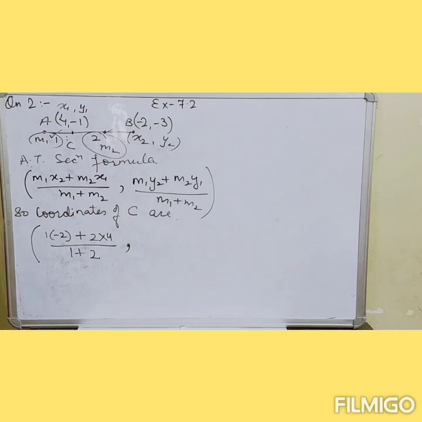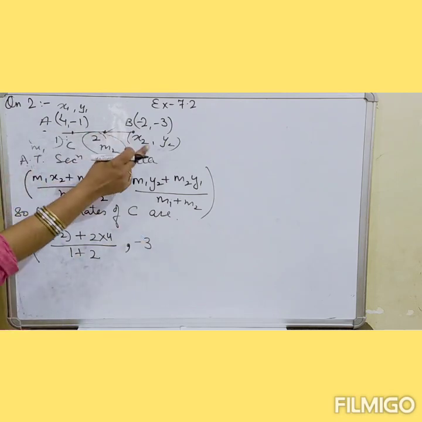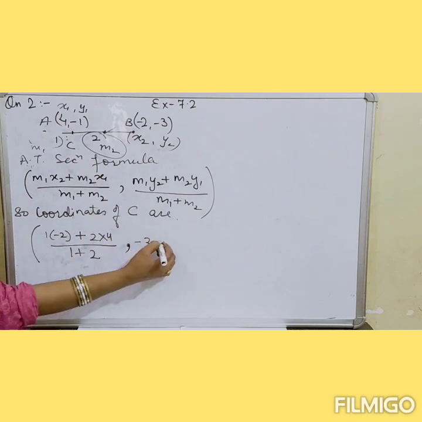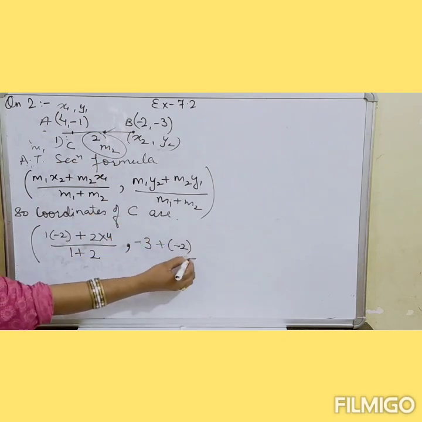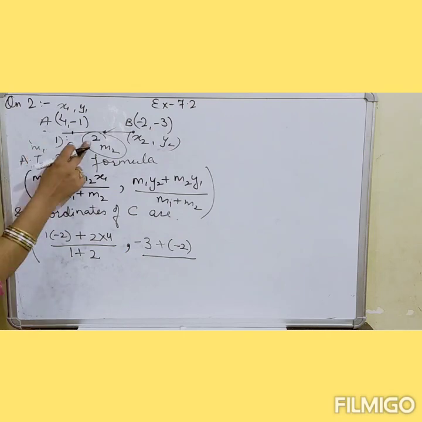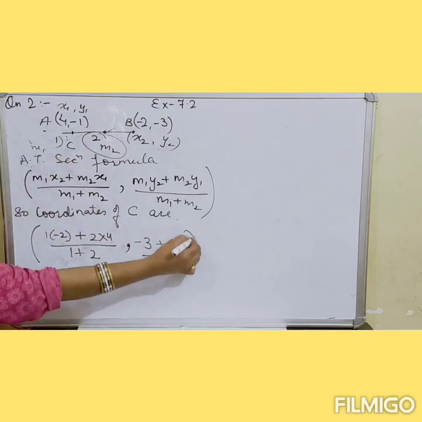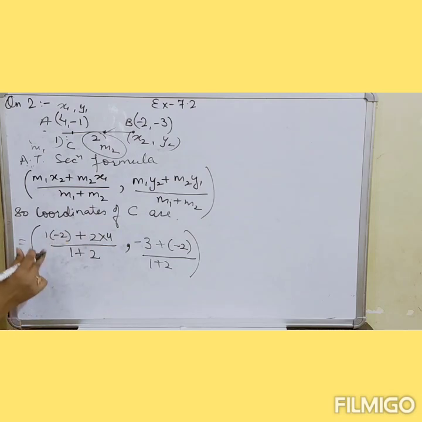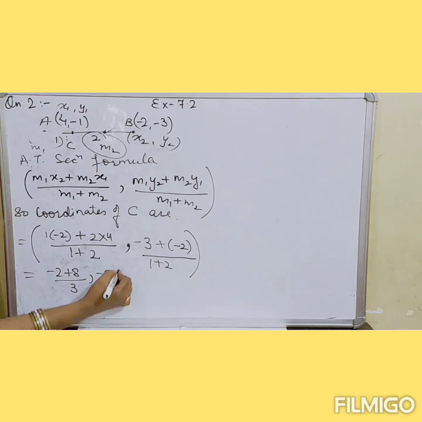Again, see this for the value of y. m1 into y2, that means minus 3 plus m2 into y1, that means minus 2 upon m1 plus m2, that is 1 plus 2 again. So this will be equal to minus 2 plus 8 upon 3, and this is minus 5 upon 3.